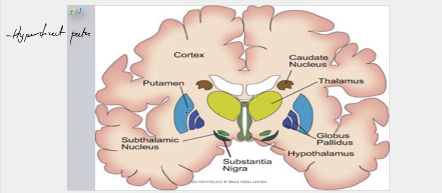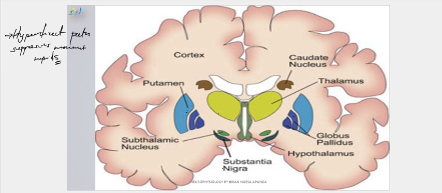This one normally suppresses movement rapidly. So you're able to see why we are calling it hyperdirect, suppressing the movement.